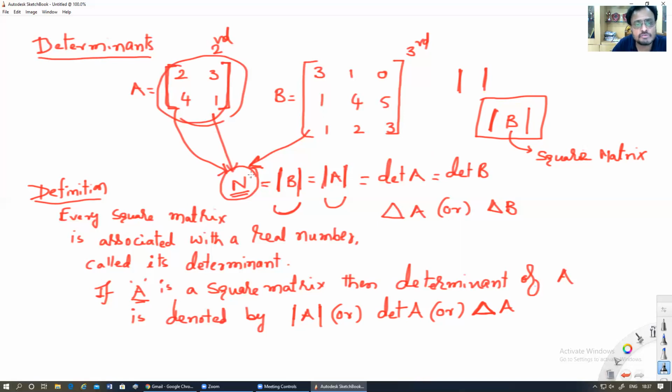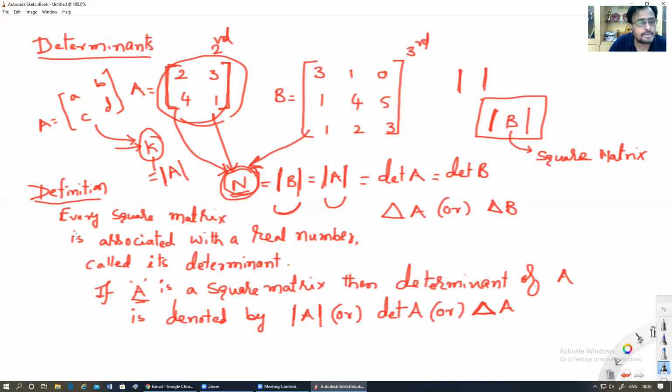This number is going to be called the determinant of that matrix, either it may be A or B. Suppose A is a square matrix, and it is associated with some number called K. So this matrix is associated with a real number called K. This K is going to be called the determinant of that matrix, determinant of A, where K is a real number.